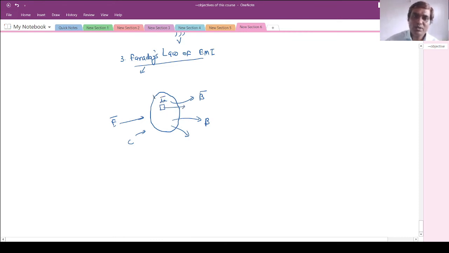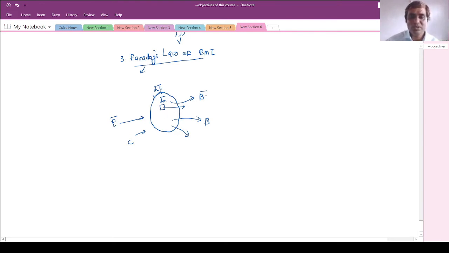And in order to do the mathematics, let me take a small length segment like this. So it states that the total EMF around this closed loop will be equal to the rate of change of the magnetic flux enclosed by this loop, and the direction will be the negative of it because the magnetic field produced by the current opposes the original magnetic field. This is basically the reason.